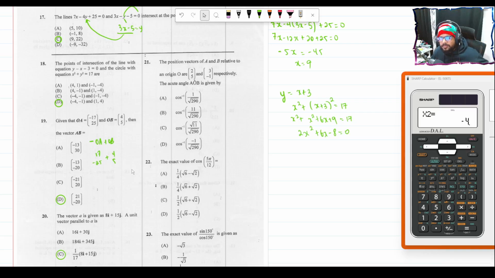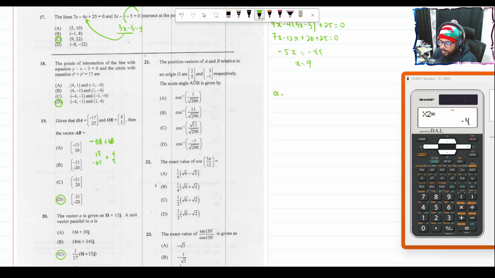This is a repeat question from a question way back when. We have to use the dot product here, so let me dot these two things together. You could get away with a couple things here. I know that the size of the vector is going to be root 290 because all of those denominators are root 290.